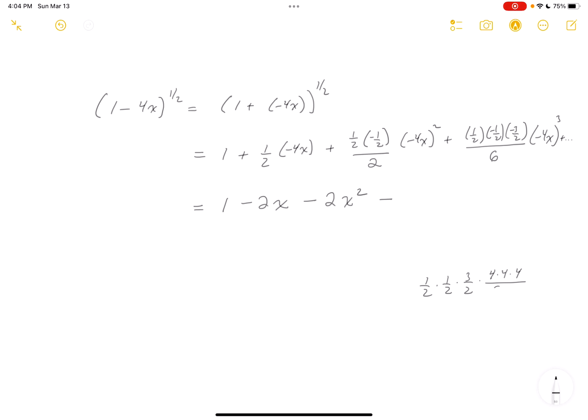So I'll write this over here and start going through this. 2, 2, 2, 3 times 2 is 6. So what do you get? 4x cubed plus yada, yada, yada. Now when I say plus yada, yada, I'm not saying the sign of the term, I'm saying I have to add a lot of different things on over here.